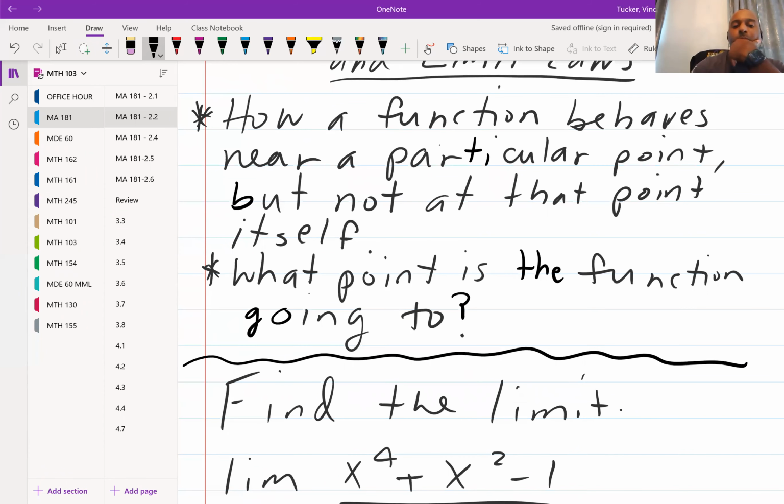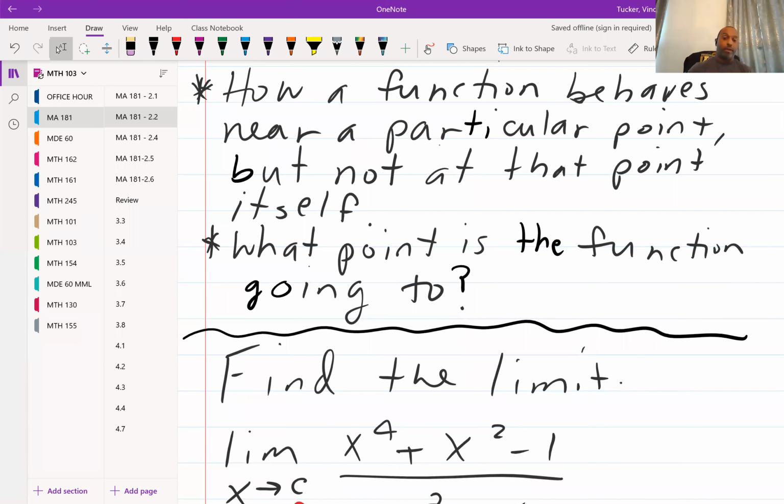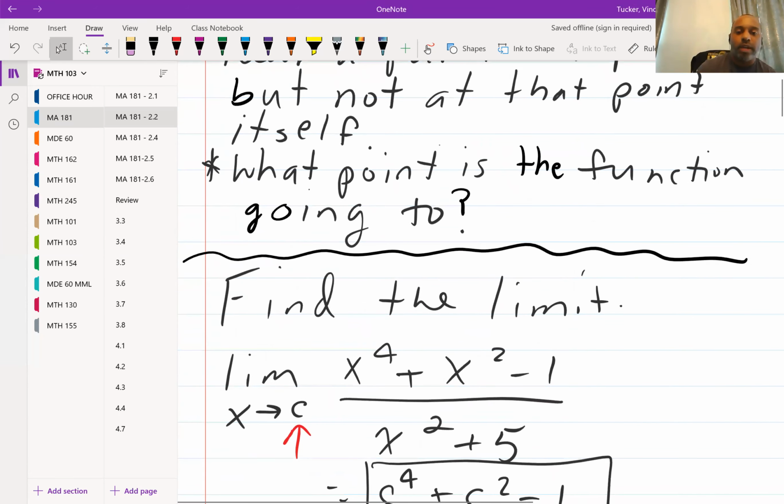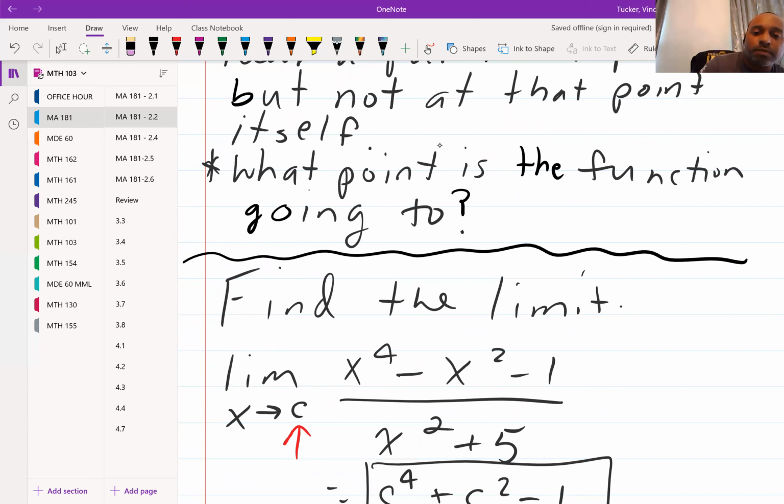Some of them will be very simple. In other words, when you plug in a value, it'll just be plugging in the value. Here it says find the limit of x to the fourth power plus x squared minus 1 over x squared plus 5 as x goes to c.